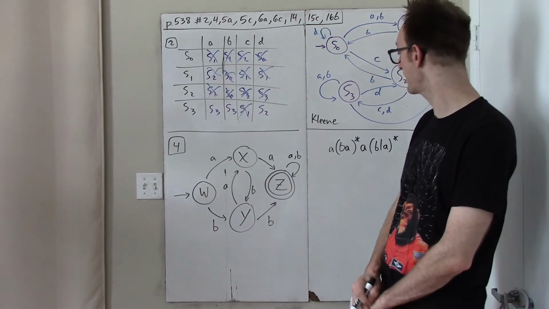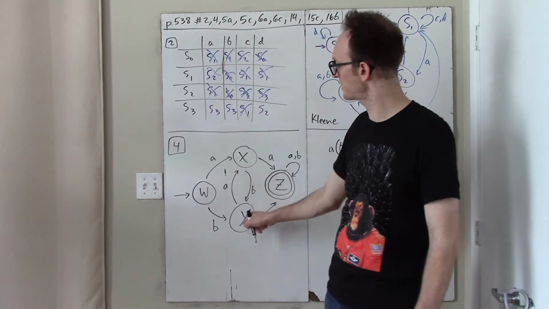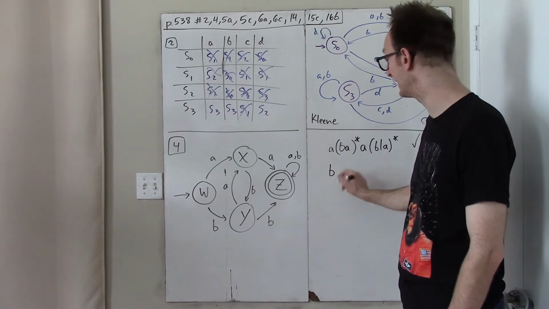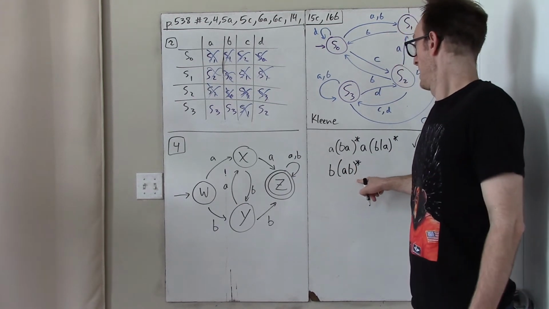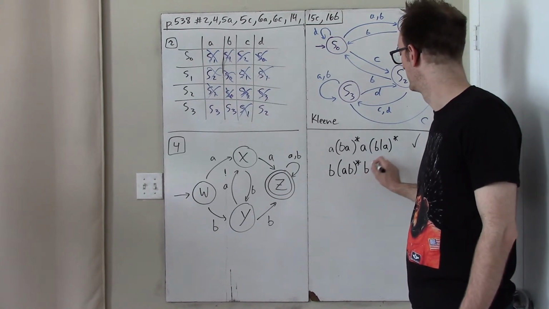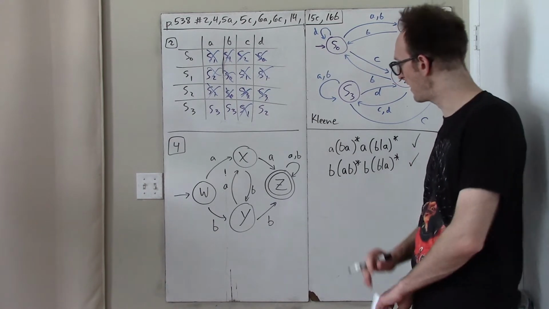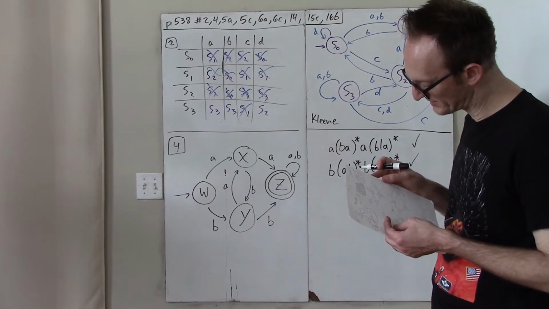But then there's the other option, which is that we go W to Y, and then some cycles, and then to Z. Analogously, that is going to be B, then A B star, then B or A. Now I have some doubt in my mind. When I did this 5 years ago, I did it one way.